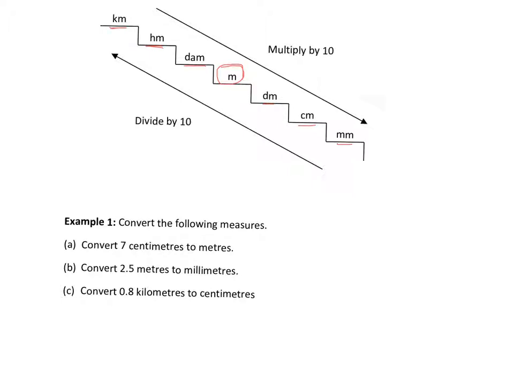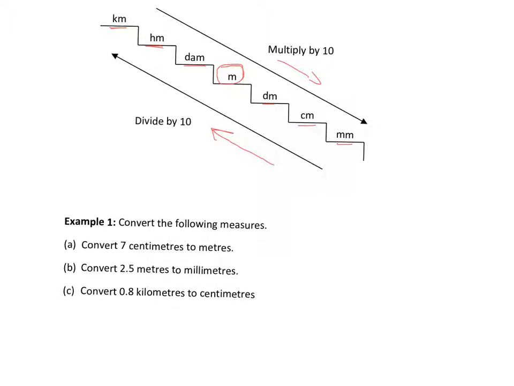So whenever we are converting from one metric unit to another, we either multiply by 10 if we're going down to a smaller unit, or we divide by 10 if we're moving up the staircase to a larger unit. If you find it difficult to memorize, it may be useful to write it out onto a cue card so that you have it handy.